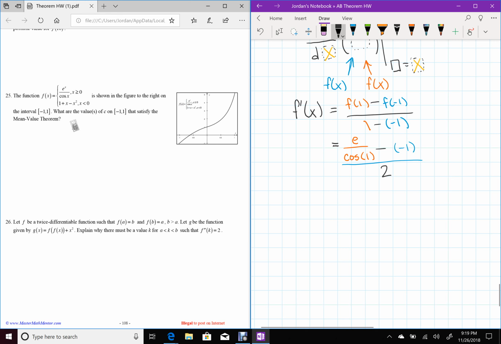So this number, we're going to enter in our y3. Yes, it's ugly, but we're going to enter it. So e over cosine of 1 plus 1, because minus a negative is plus, and then it's over 2.